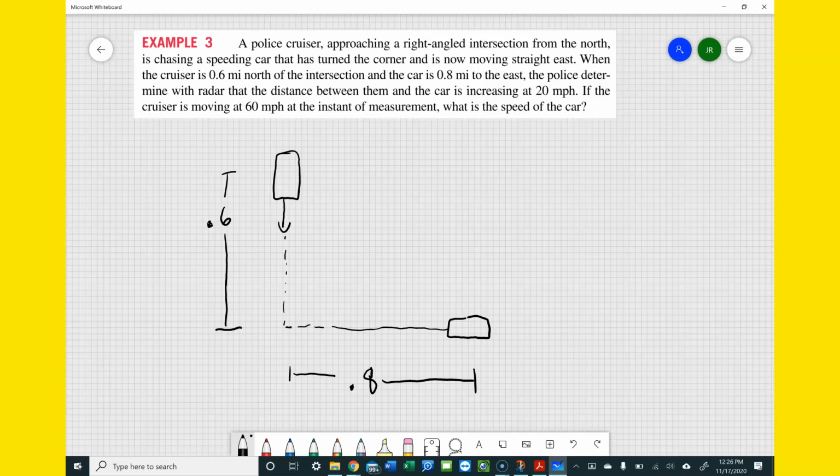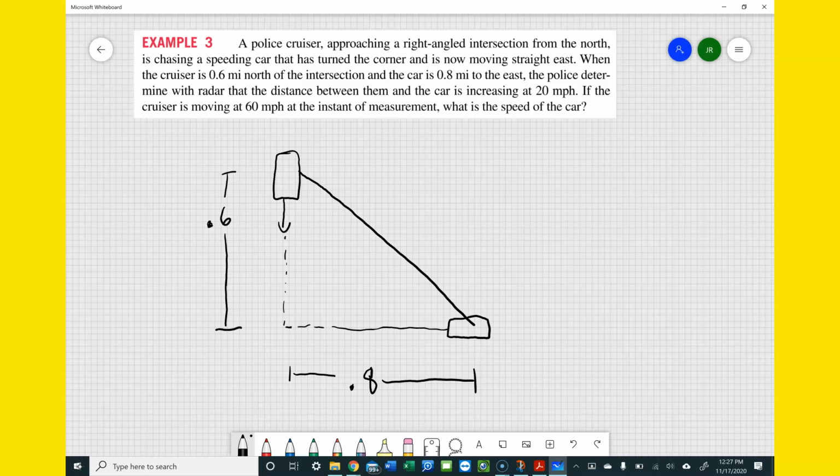The police determine with radar that the distance between them and the car is increasing at 20 miles per hour. So the distance between them and the car, we'll call this D, is increasing at 20 miles per hour. Let me do some different variables here.